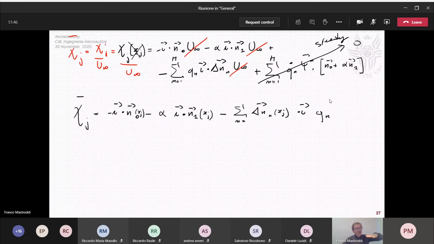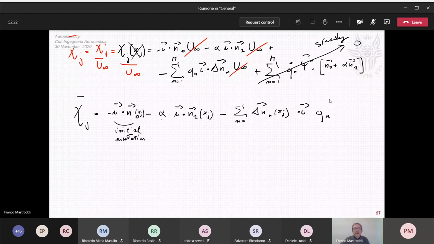And this normal velocity to the surface is given by the initial position of the panel. This is the contribution given by the initial orientation of the panel with respect to the flow. In fact, we have this I, which is coming from the flow, and this n0 is coming from the normal to the surface. So you are giving information on the orientation. So this is the initial orientation of the panel.